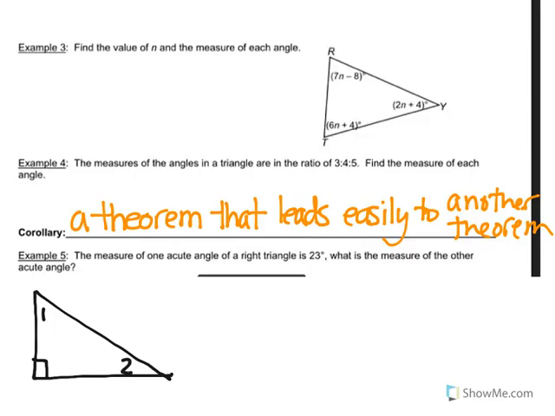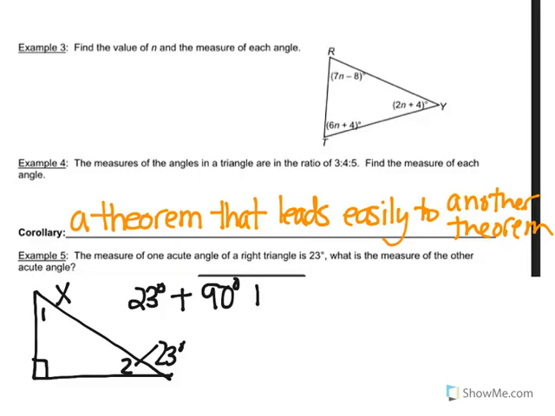And so if one of those two angles is 23 degrees, we know that 23 degrees plus 90 degrees plus the one that's missing.